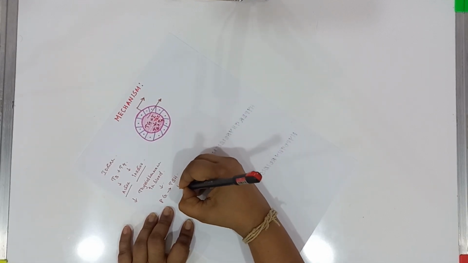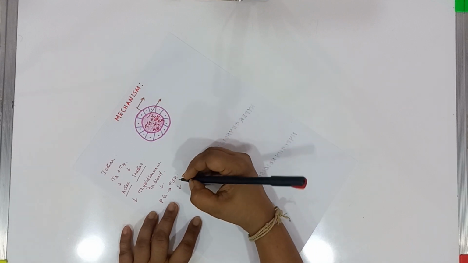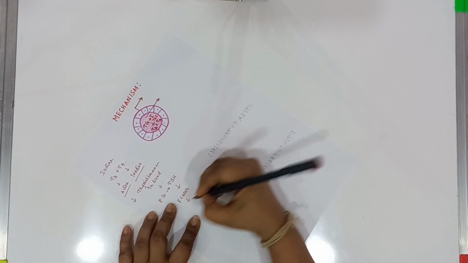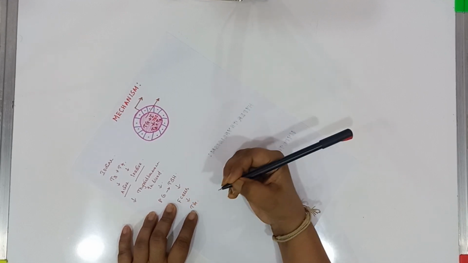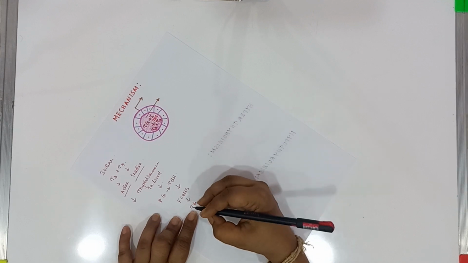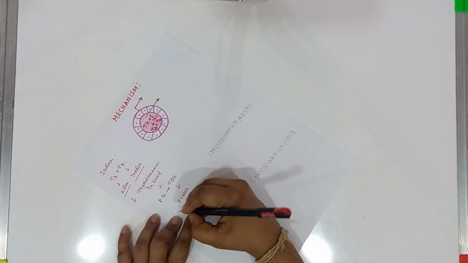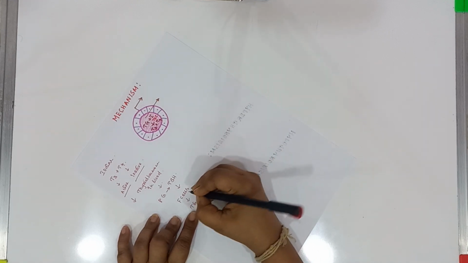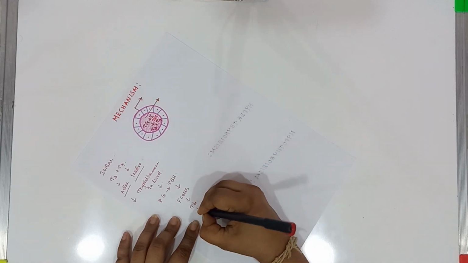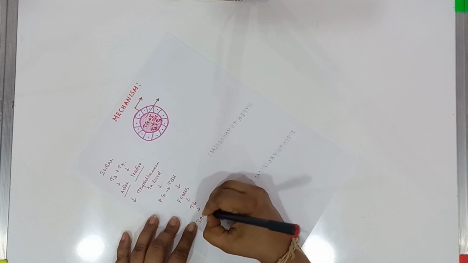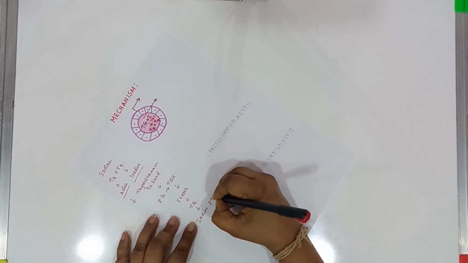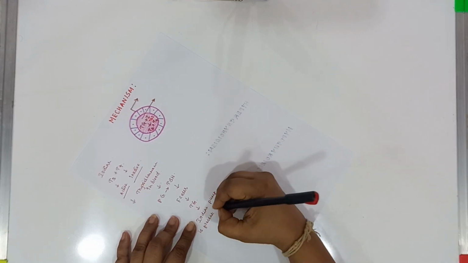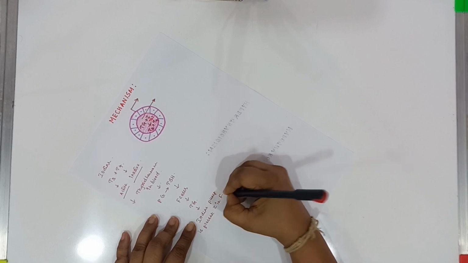Once the thyroid stimulating hormone is stimulated, the follicular cells synthesize the thyroglobulin. This thyroglobulin is present within the follicular cells. Along with the thyroglobulin, the iodine pump is also present in the follicular cells.